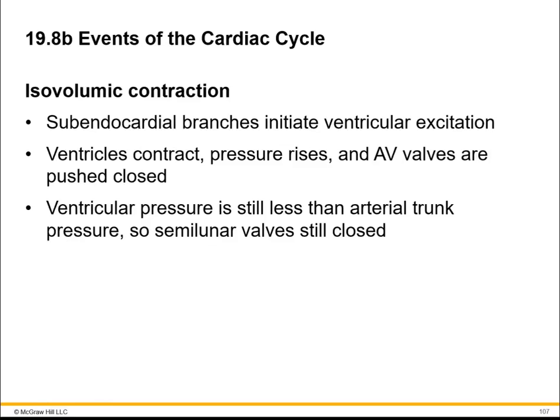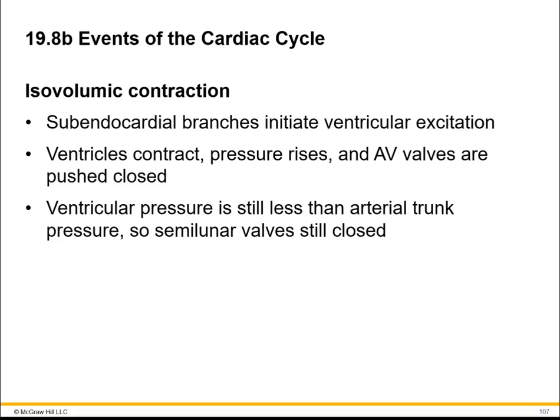Next, you have isovolumic contraction. So what happens is the Purkinje fibers initiate ventricular excitation and the ventricles contract. The pressure inside of them rises and those AV valves are pushed closed. However, at this point, ventricular pressure is still less than the pressure in those big arteries, the pulmonary trunk and the aorta.